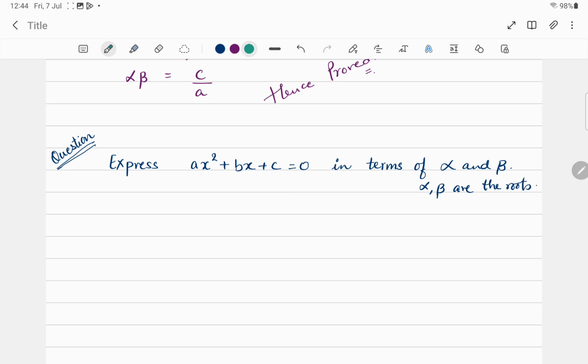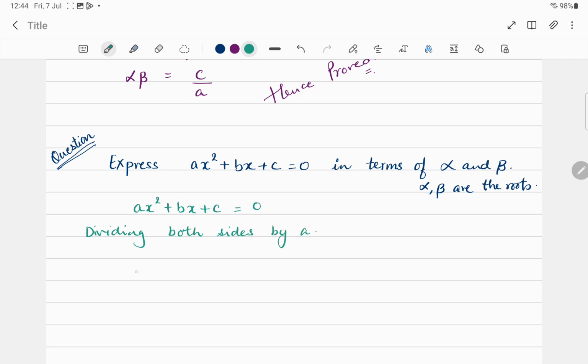So we have ax squared plus bx plus c is equal to 0. Okay, what we do is we divide the entire thing, dividing both sides by a.